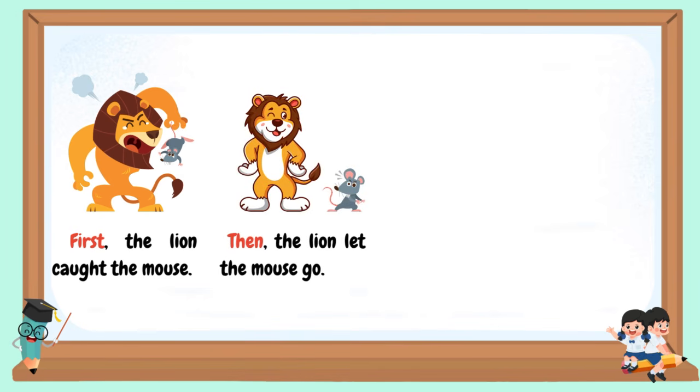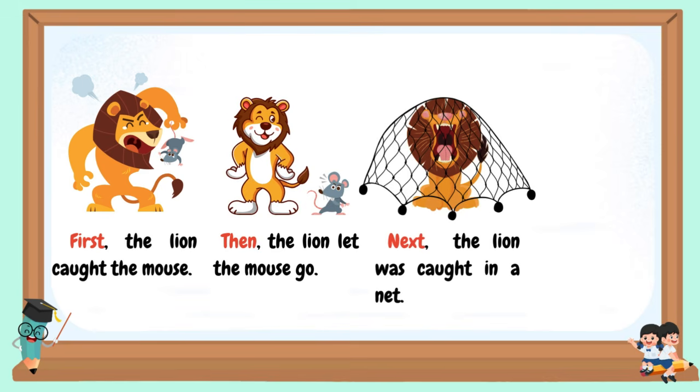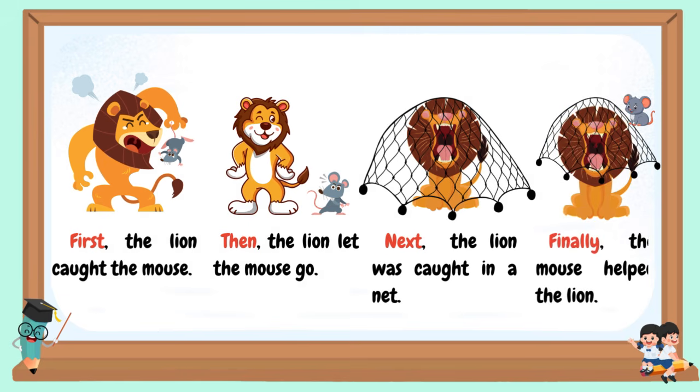Then, the lion let the mouse go. Next, the lion was caught in a net. Finally, the mouse helped the lion.